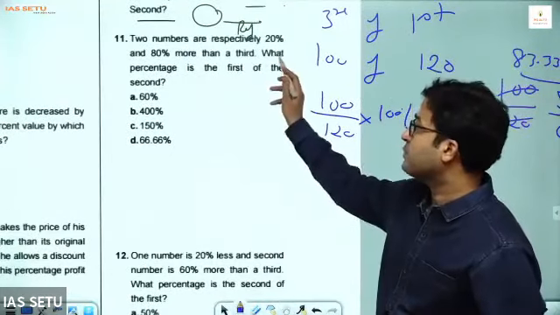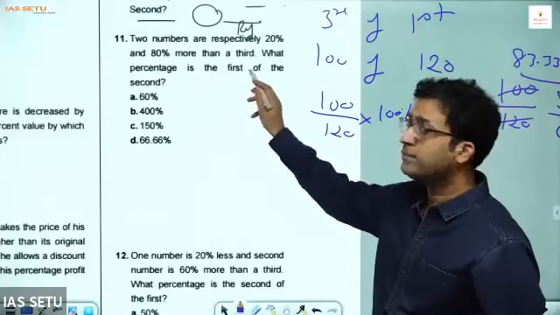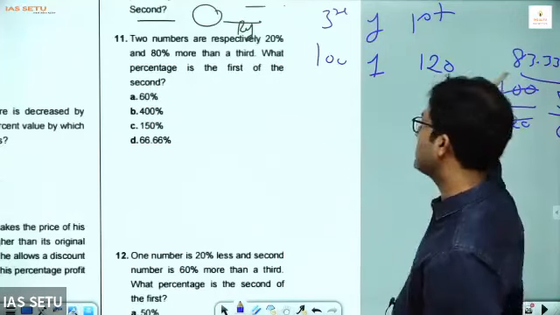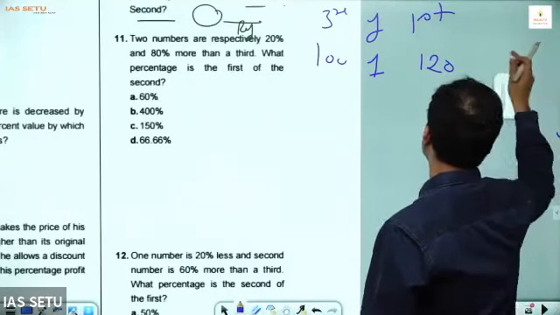Two numbers are respectively 20% and 80% more than a third. What percentage is first of the second?